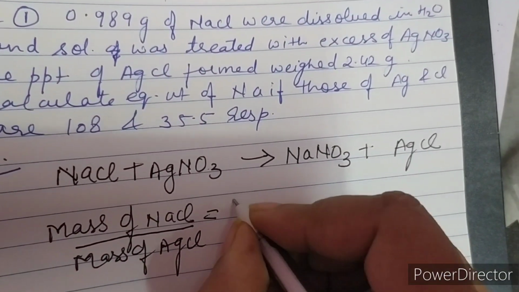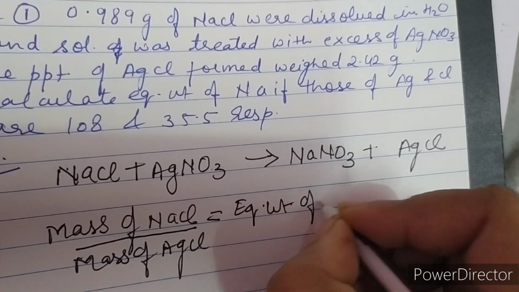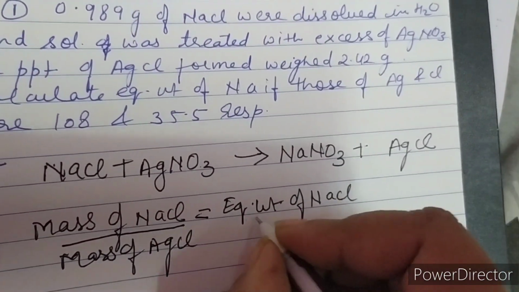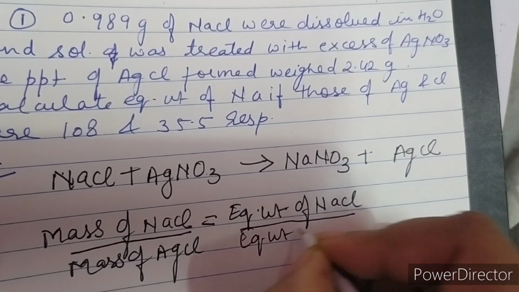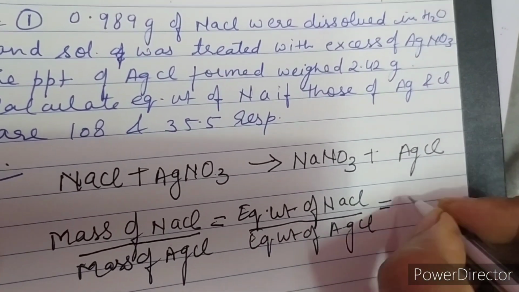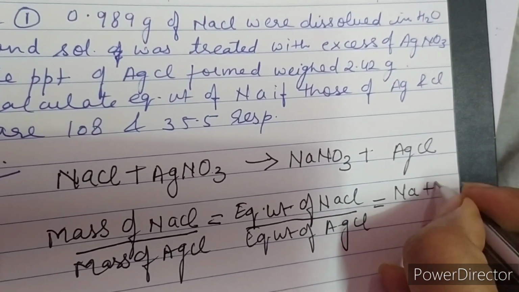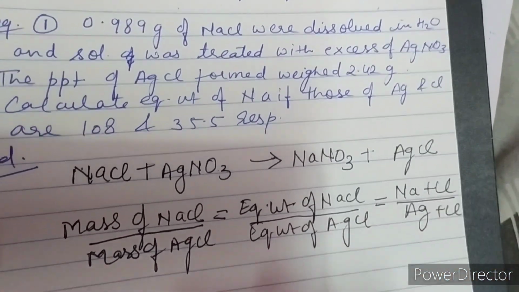That will be equal to equivalent weight of NaCl upon equivalent weight of AgCl, which will be equal to equivalent weight of Na plus Cl and that of Ag plus Cl.